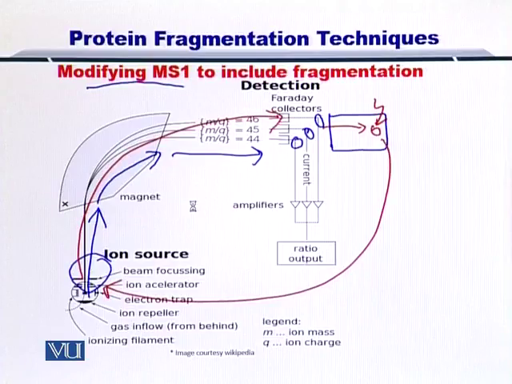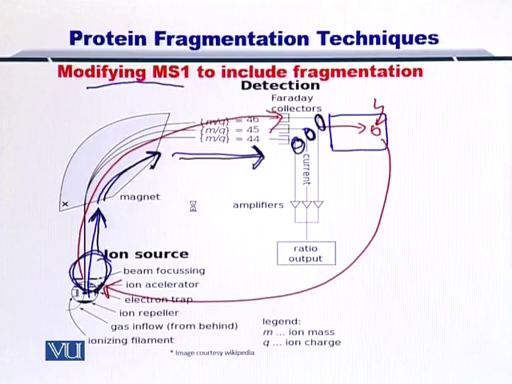can be repeated. So let me review this again. You had your sample, it got injected into the mass spectrometer, it got deflected, its mass over charge ratio was measured, and we found out that there were 3 different molecules.